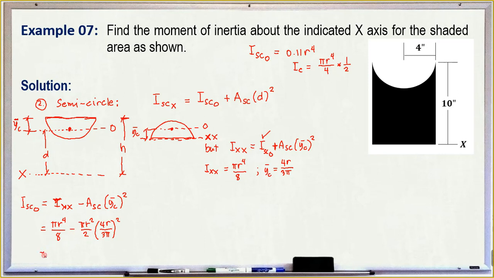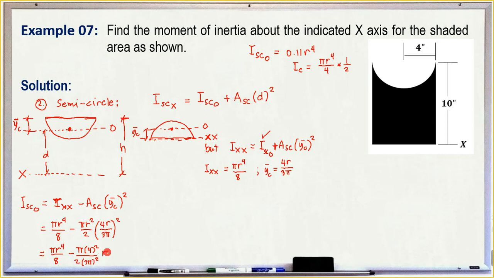Now, if we simplify this further, we have pi r to the 4th all over 8 minus, so this is pi, and then the 4 there is squared, so we have 4 squared, then below is 2 times 3 pi squared.